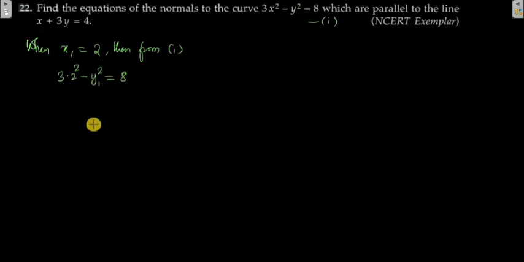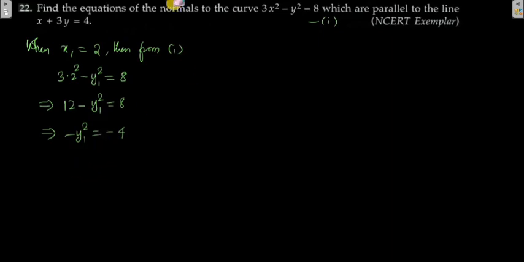This is what you are going to get from equation number 1. So this is 3 into 4, 2 square is 4, so this is 12 minus y1 square equals 8, and from here we have minus y1 square is equal to minus 4, isn't it?